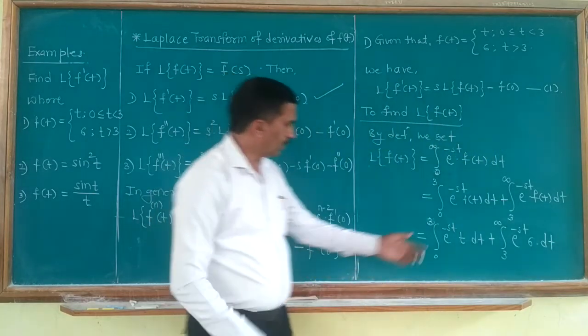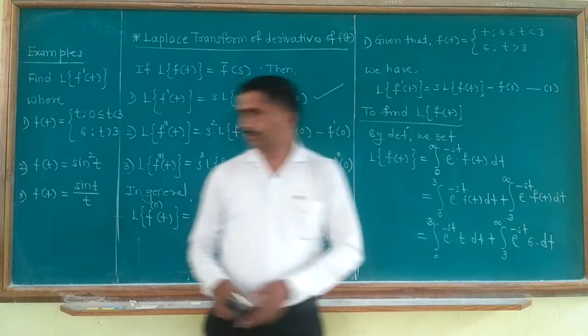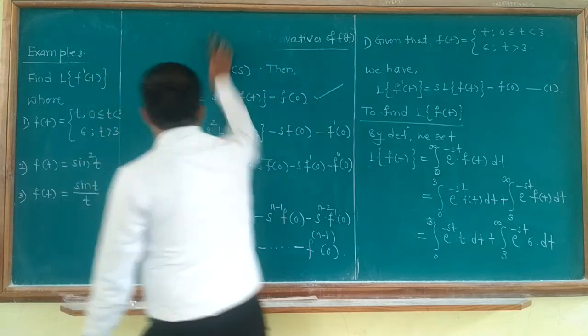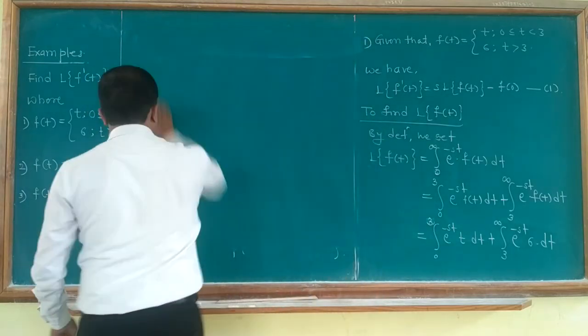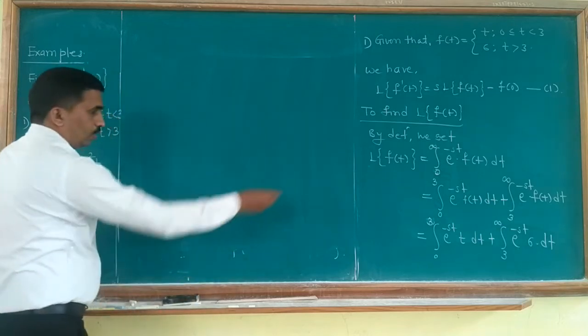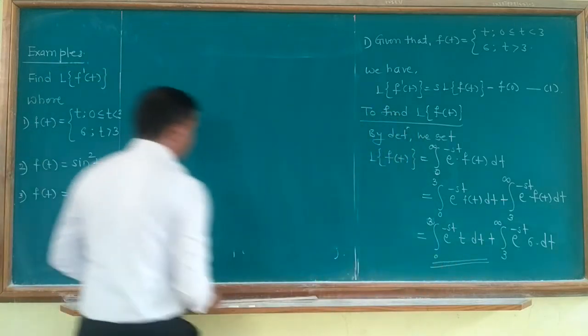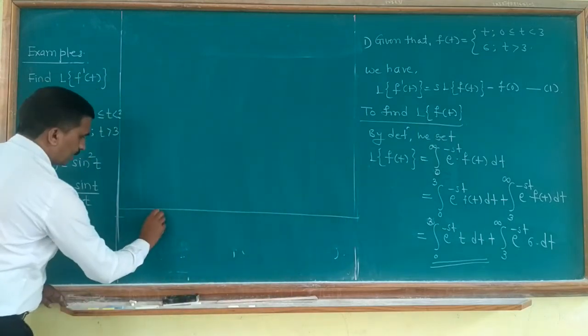Now simplify this by using the UP rule, which is very straightforward. To simplify this integral, we know the rule, that is integration by parts, or you say it is the UP rule.